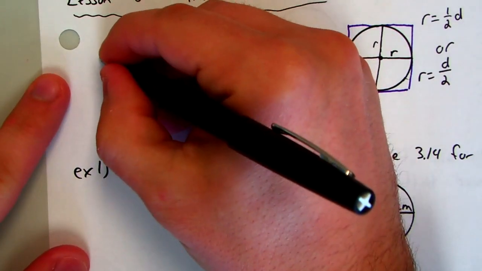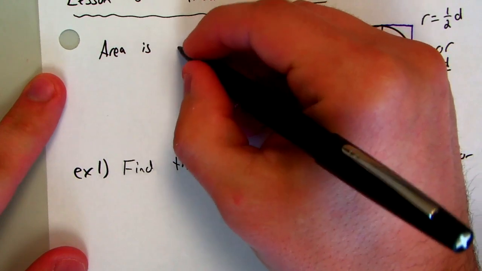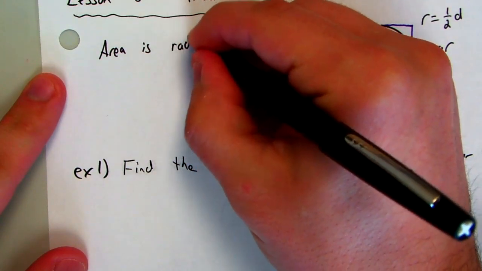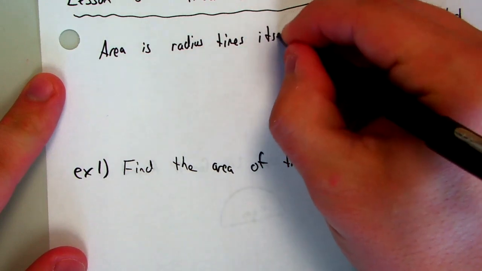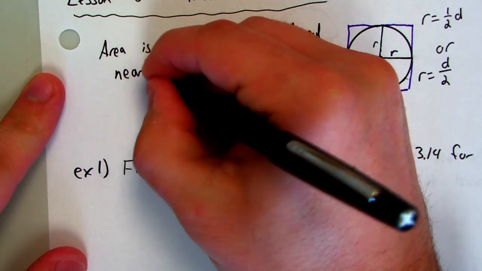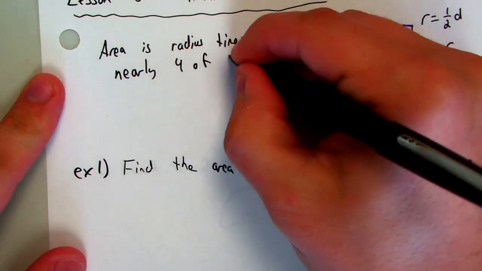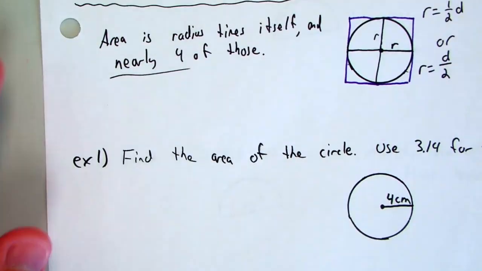So we're going to say the area is radius times itself, and nearly 4 of those. The thing, though, is nearly 4 isn't anything very specific.